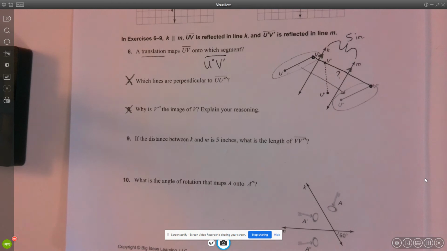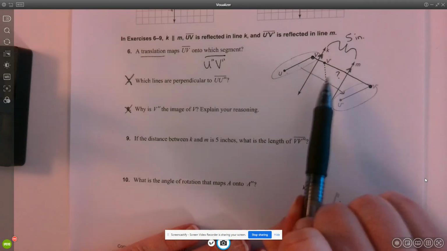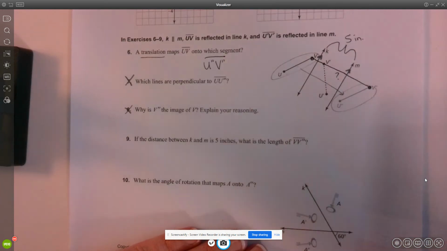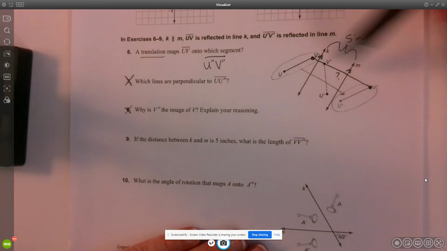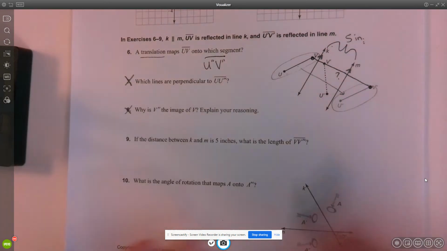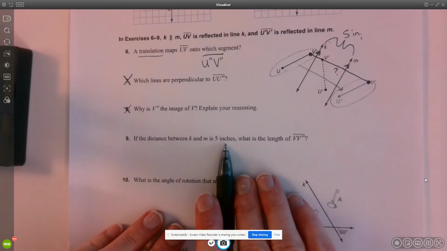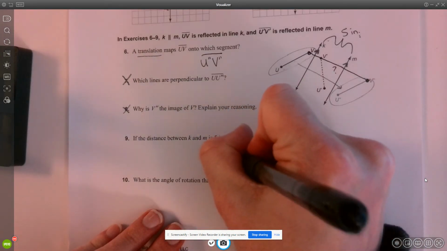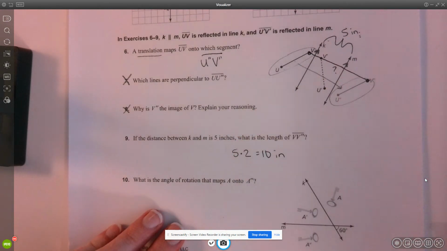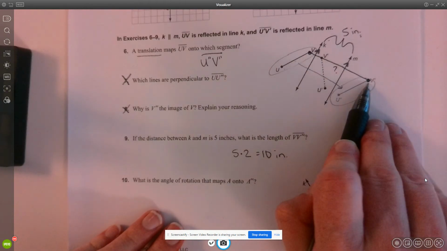And what we discovered is when you take a figure and you reflect it over two parallel lines, the distance between these 2 points is twice or double the distance between the parallel lines. Well, the distance between the parallel lines is 5 inches. So 5 times 2, if I double that, gets me 10 inches, which has to be the distance between point V and V double prime.